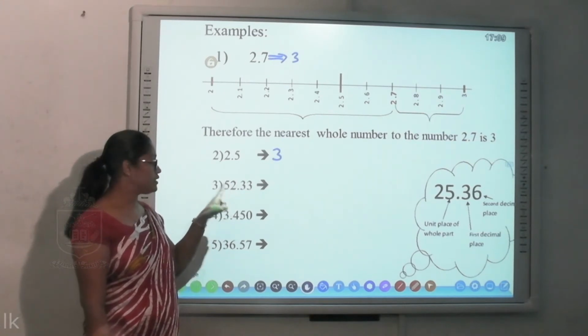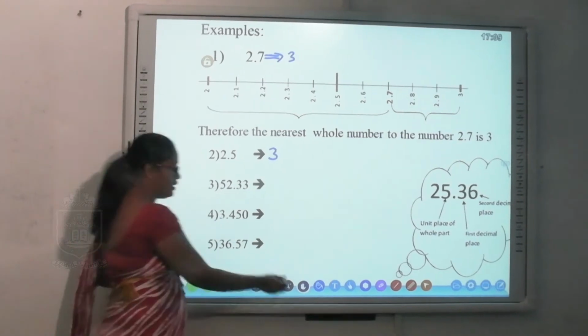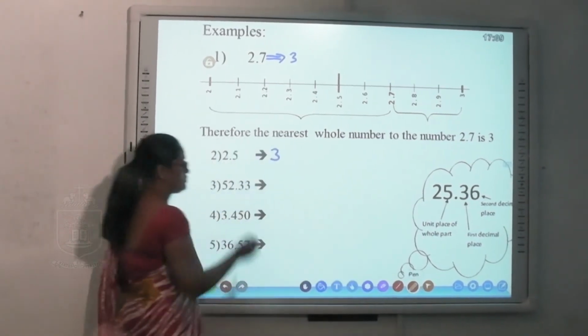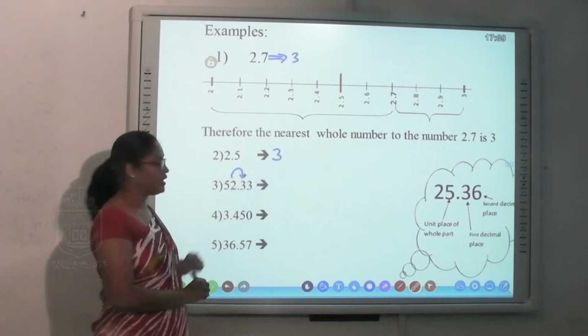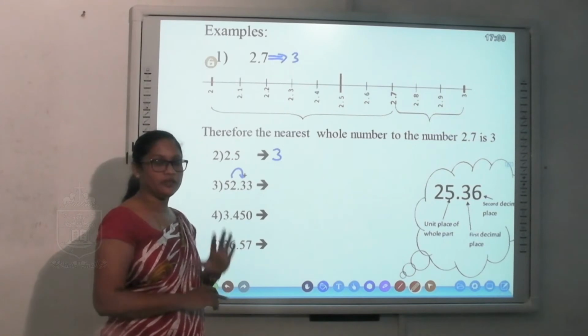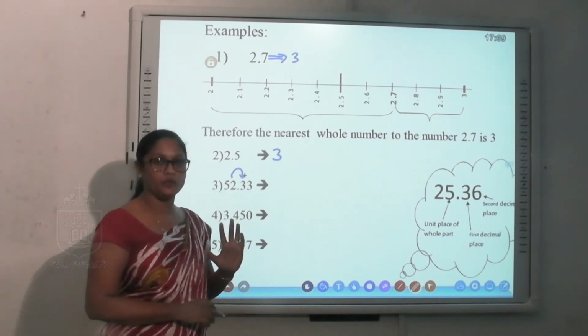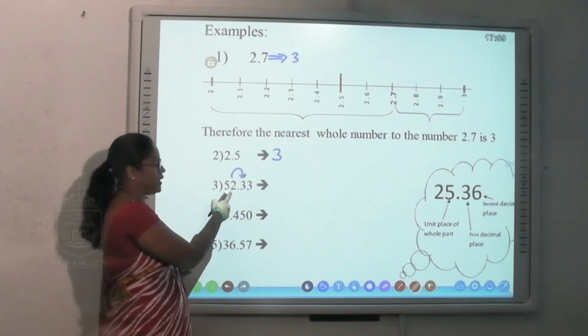So in this case you have to find the unit place of the whole part and then look at the first decimal place, right? Same condition here: if the number is 5 or greater than 5, we add 1 to the unit place, otherwise we don't.